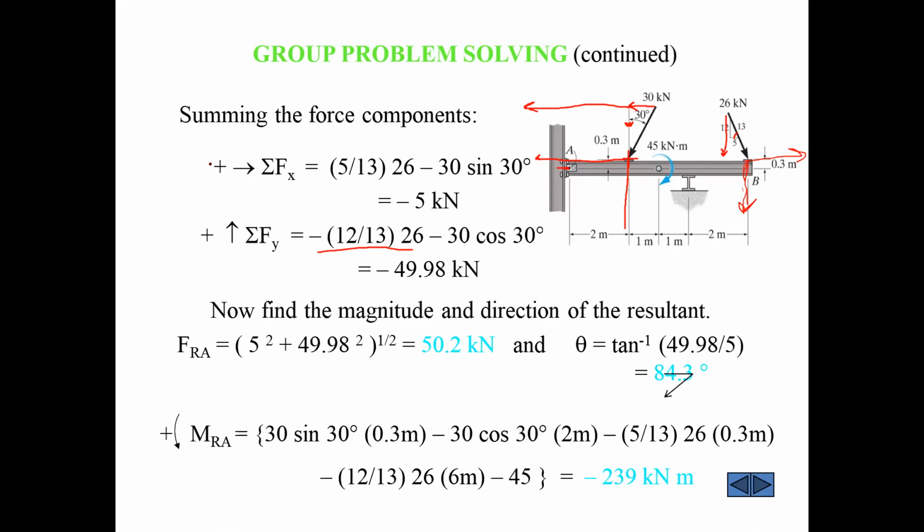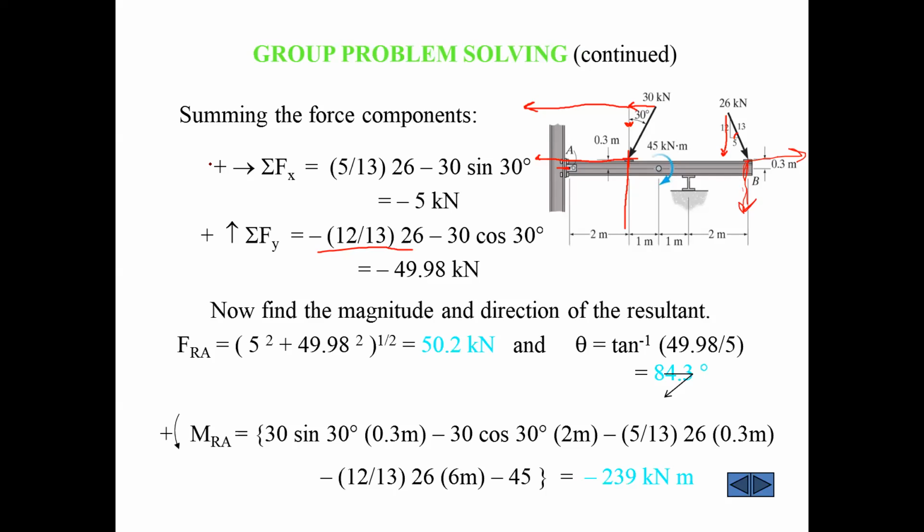Repeat, sir. What distance is it? If I want to find the distance that it acts from A, please find it and tell me. I'm waiting for the class. Which distance, sir, of what? I want the distance that the single resultant force will be acting from along AB.